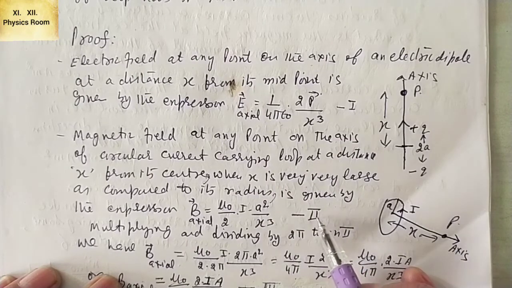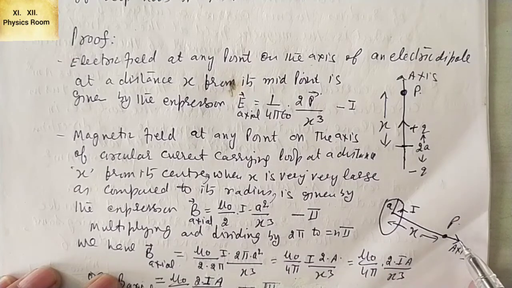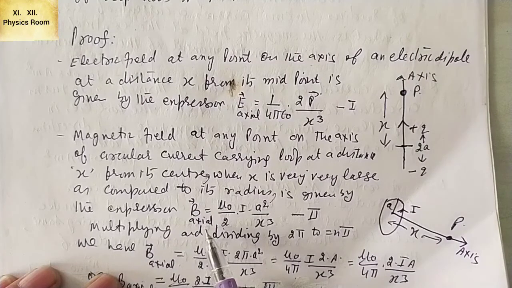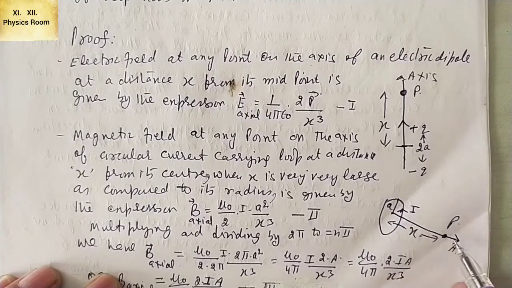Let us mark it as equation 2. We are familiar with this equation: the axial field at a distance x from the center of the current carrying loop of radius A is given by this expression when x is very large.